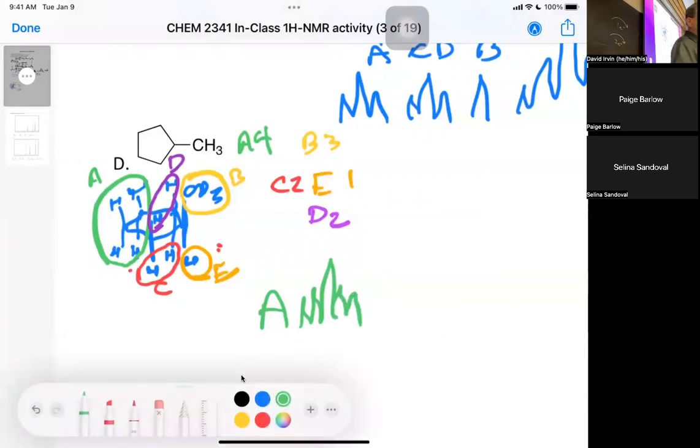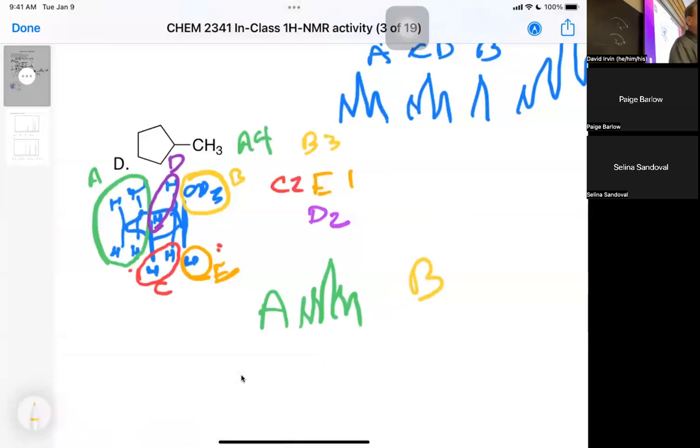Okay. Let's look at B. How many hydrogens are within 3 bonds of those hydrogens? Say it. 1. Don't forget, that's 1 bond to get to the carbon, the other bond to get to the second carbon.